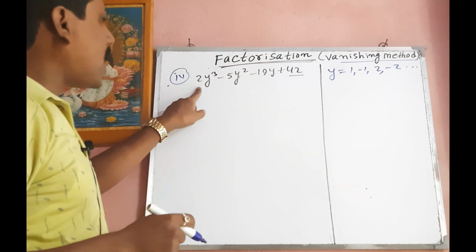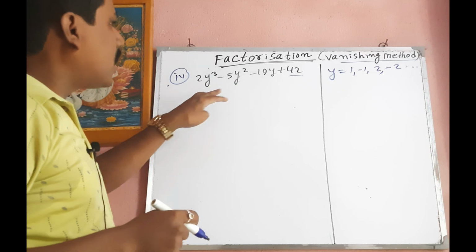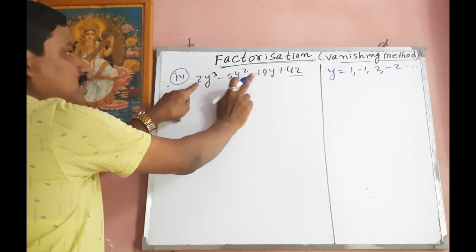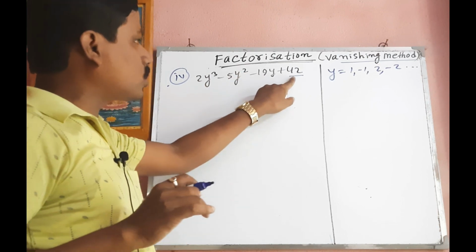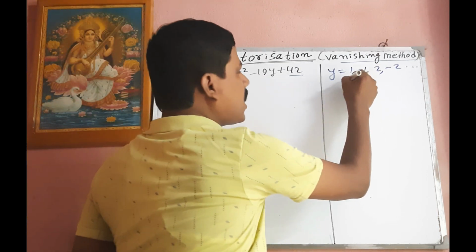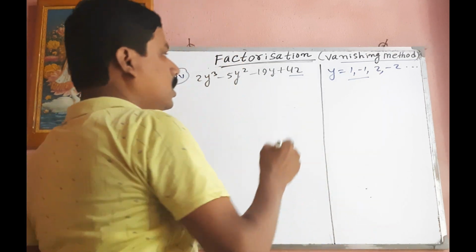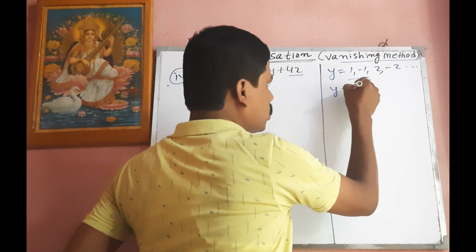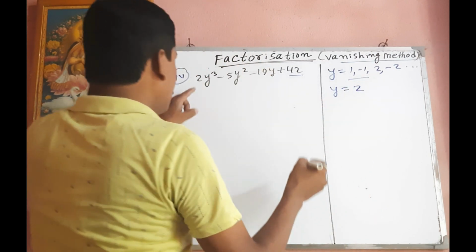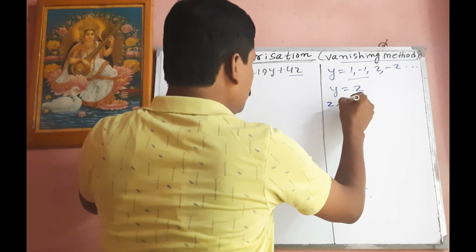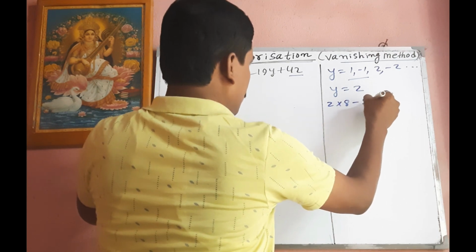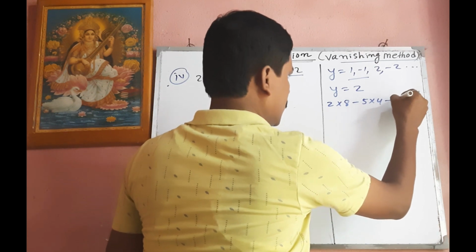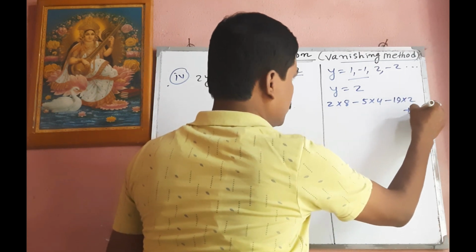Here if we put 1, this will not be 0. And minus 1, this will not be 0, because 2 plus 5, 7, 7 plus 19 is not equal to the 42. So minus 1 and plus 1 is not the value of y for this. So if we put y is equal to 2, then we get 2 into 8 minus 5 into 4 minus 19 into 2 plus 42.